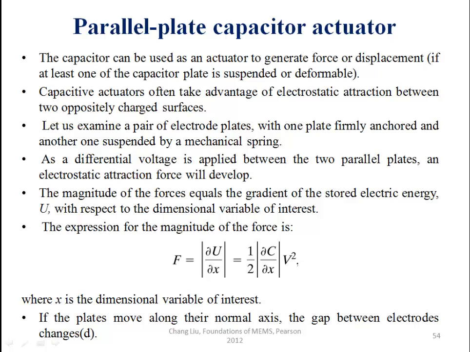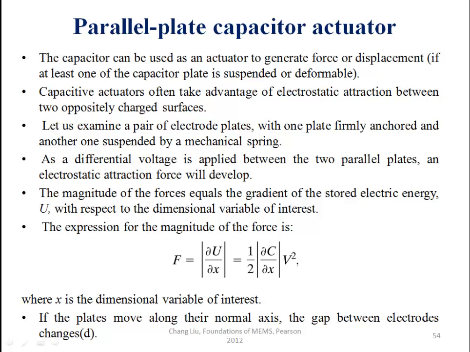So here we are using two parallel plates, in that one is fixed and the other one is suspended by means of a spring. Then we are applying a differential voltage between those two plates. As a result, there arises an electrostatic force, that is an electrostatic attractive force.